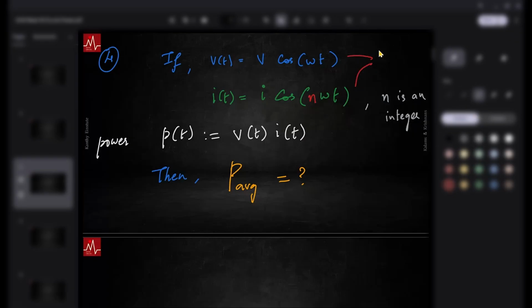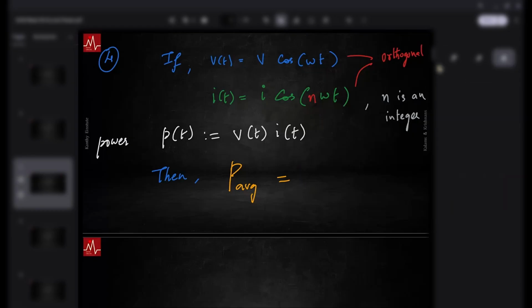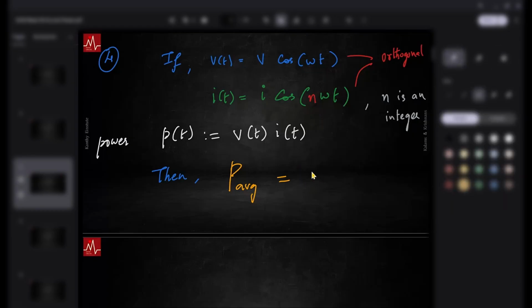What we refer to as orthogonal. The integrals are all zero. Full period integrals are all zero. We did many things, right? Cos omega t, cos n omega t will be two sinusoids that will be periodic in time period T. So this again will be zero.